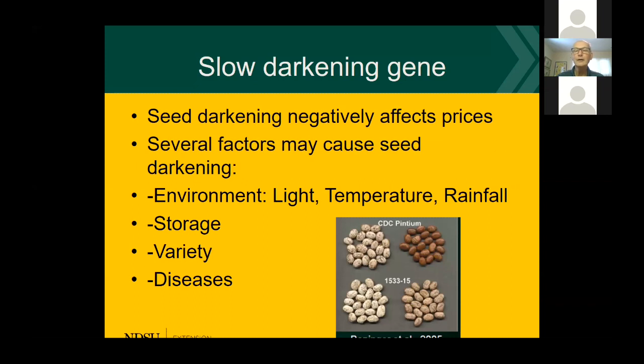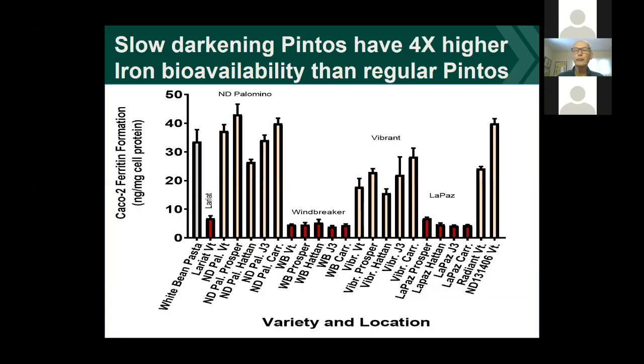The consumer likes to see a nice looking colored Pinto bean. The environment, light, temperature, and rainfall have an influence on how the Pinto may darken, also including storage and diseases. But as mentioned on this slide, variety has a big effect, and that is what has now been incorporated in some of the varieties.